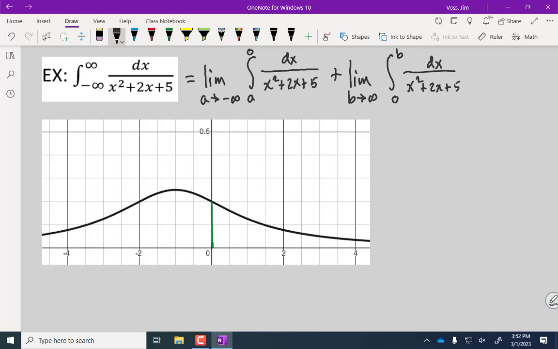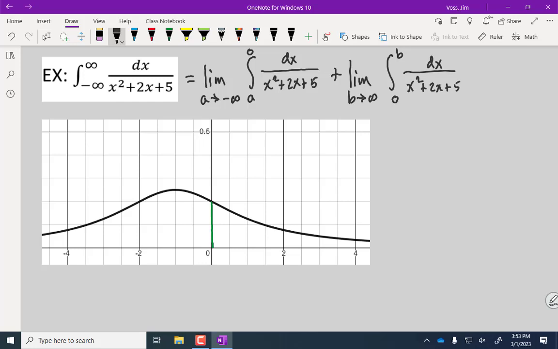All right, so there is our setup. So we have two improper integrals. We broke it apart at 0. We're going to find the right tail area, the left tail area, and add them together. In both cases, the integrand is the same.